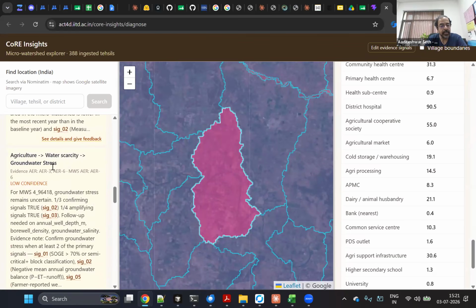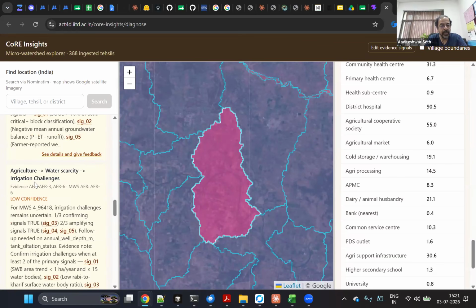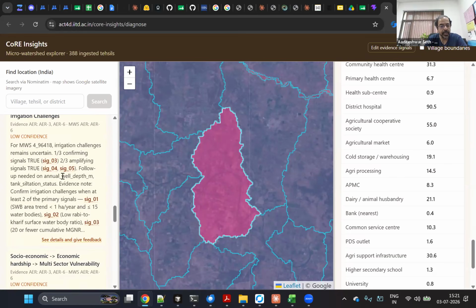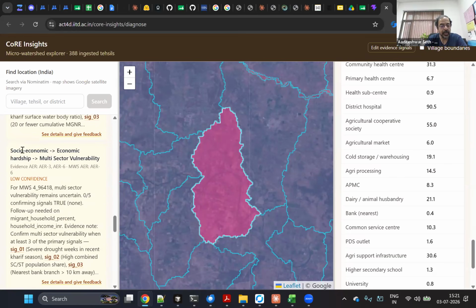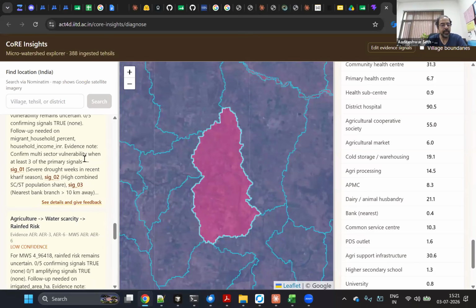I'm also uncertain whether there is groundwater stress, or irrigation challenges, or whether this area faces a lot of social and economic stress: employment is affected, access to government schemes is limited, there is a lot of migration, right? So it's not certain about any of these things.